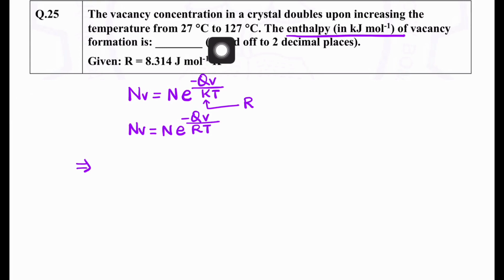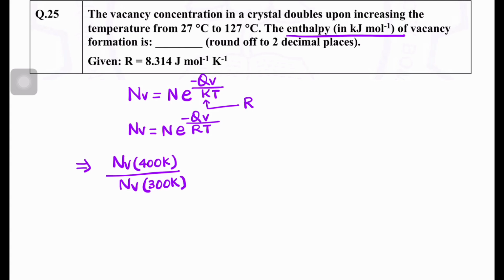The vacancy concentration is doubling when we are increasing the temperature from 27 to 127. So we can say NV at 127 degree, that is 400 Kelvin, divided by NV at 300 Kelvin, that is 27 degrees centigrade, will be equal to N, the total number of atomic sites, into e to the power minus QV by R into T, temperature is 400 Kelvin.